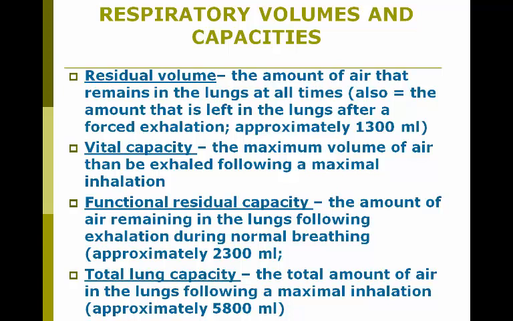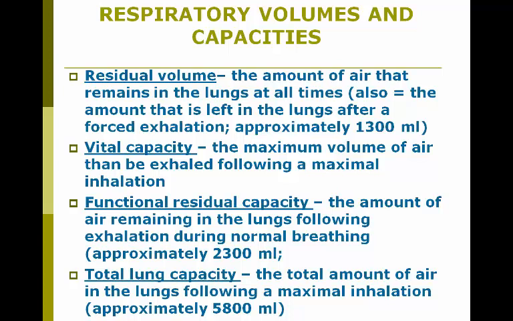If you look back at vital capacity, which is the second bullet point, vital capacity is another important capacity that is measured during pulmonary function tests. It's the maximum amount of air that can be exhaled following a maximum inhalation. So think about inhaling as big a breath as you can and then blowing all of that out.